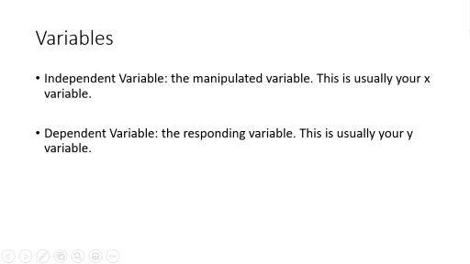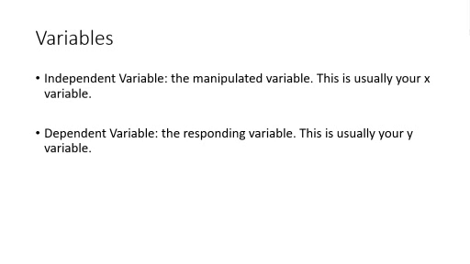Okay, so the first thing is our variables. We've got two different types of variables: our independent variable and our dependent variable. The independent variable, which is usually your x variable, goes horizontally along the x-axis. It's sometimes called the manipulated variable. It is what manipulates the equation.